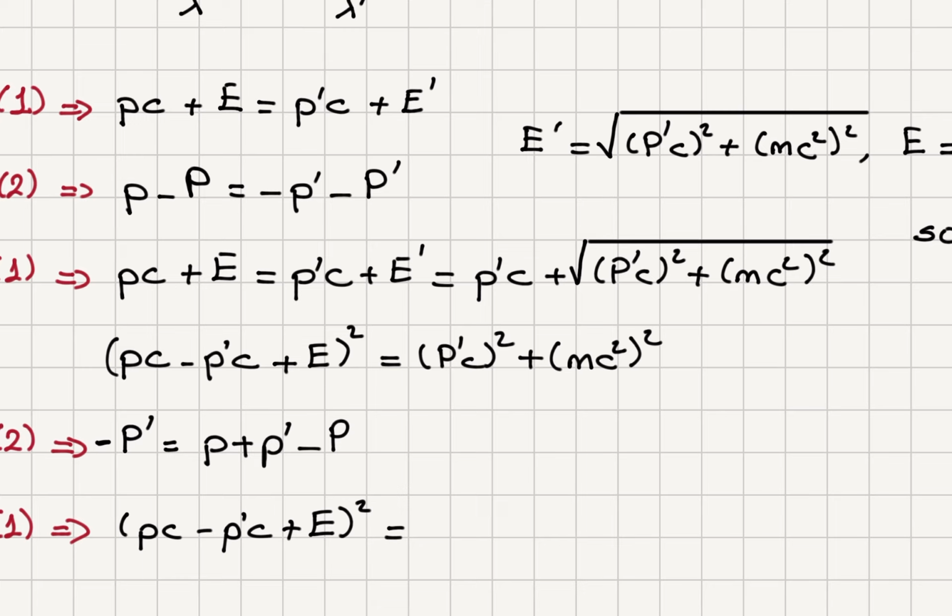And here I have capital P prime c squared plus mc squared squared. For capital P prime c, I'm going to substitute this result here. So this can be written as pc plus p prime c minus capital Pc, squared, since it's squared, it doesn't matter if I have the minus sign or not, plus mc squared squared.